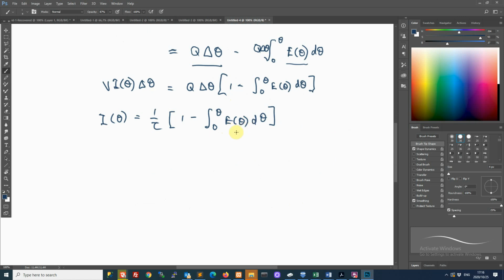We know how to get E of theta quite easily. E of theta is simply the concentration of tracer, the function that you get, divided by the area under that function.